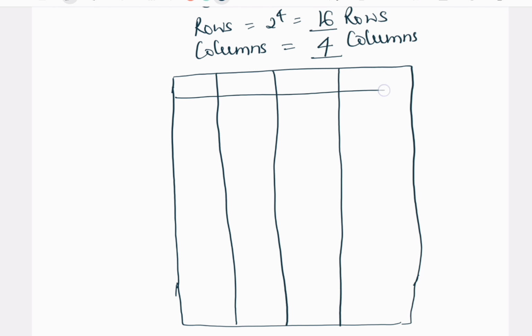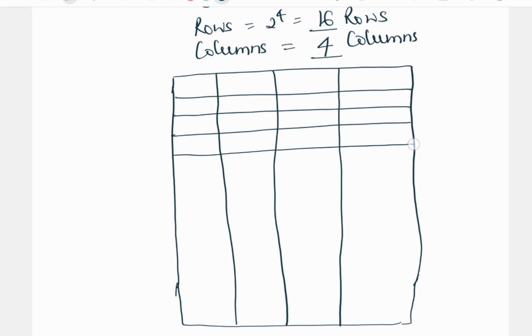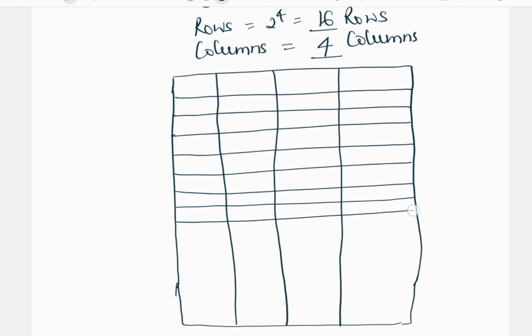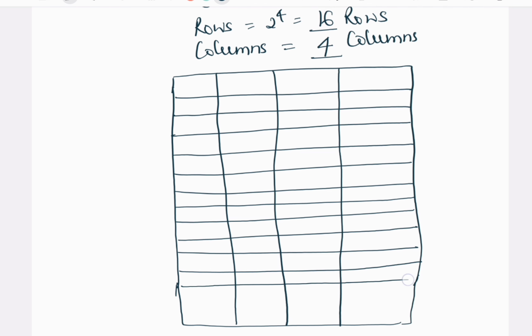We'll leave the first for the variables and then we'll make 16: 1, 2, 3, 4, 5, 6, 7, 8, 9, 10, 11, 12, 13. I'll have to add few more. 14, 15 and 16.